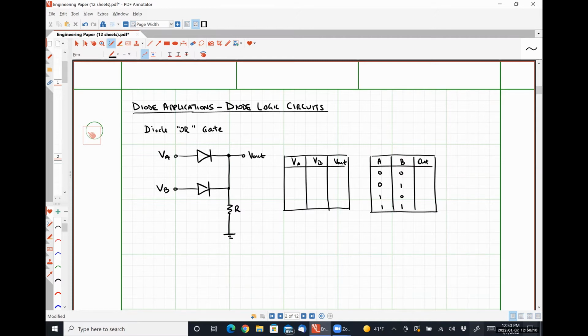And so for a 0, that means we're applying 0 volts to that pin. And for a 1, we're applying 5 volts to that pin. Okay. So I've told you that this is an OR gate, so we should all know how the truth table is supposed to behave. But we could pretty easily verify this operation. So I need to put 5 volts down there at the bottom. My apologies.